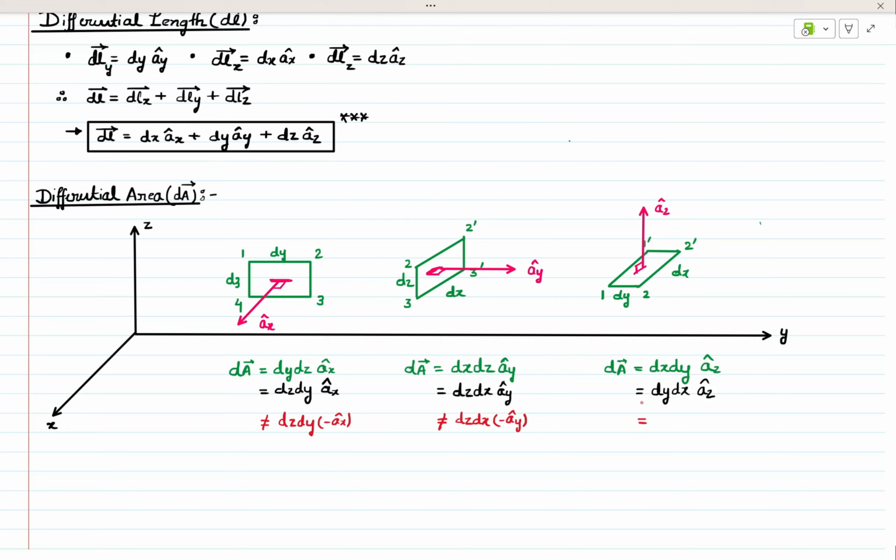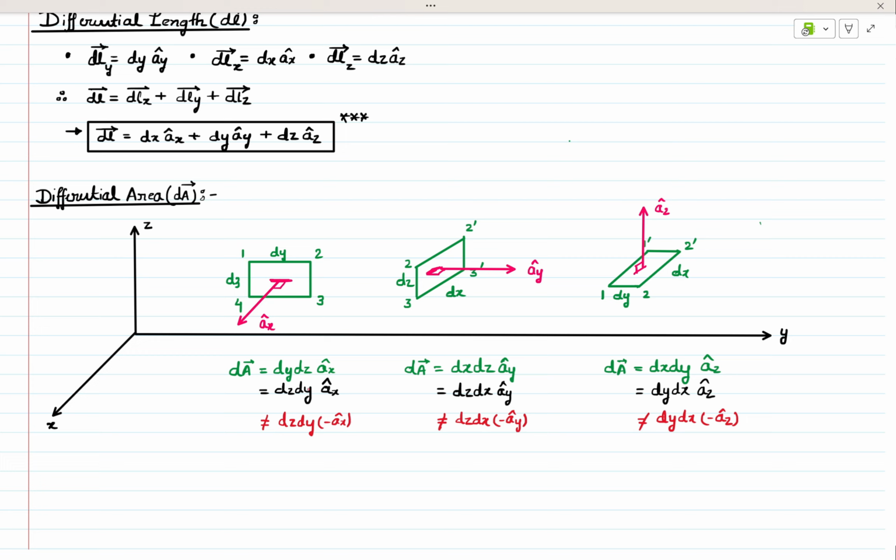And for this, some people may write dy dx. They think that if dx dy is in the direction of az, then dy dx will be in the direction of minus az. But this is also wrong. These three things are wrong.